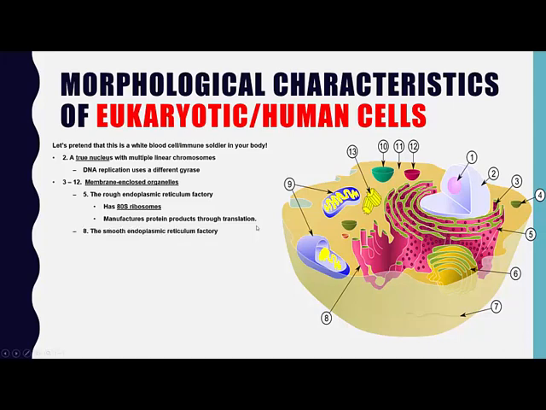Then you have a smooth endoplasmic reticulum here. Its job mostly is to manufacture lipids, but to do a whole bunch more for the cell. We won't get into that. You have the powerhouse of the cell, the mitochondria, or mitochondrion is singular. We feed it food and oxygen, and we do that if we want to have enough ATP energy.